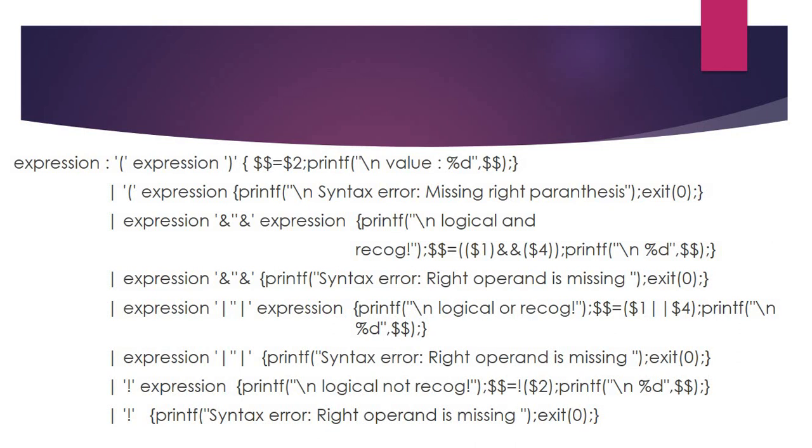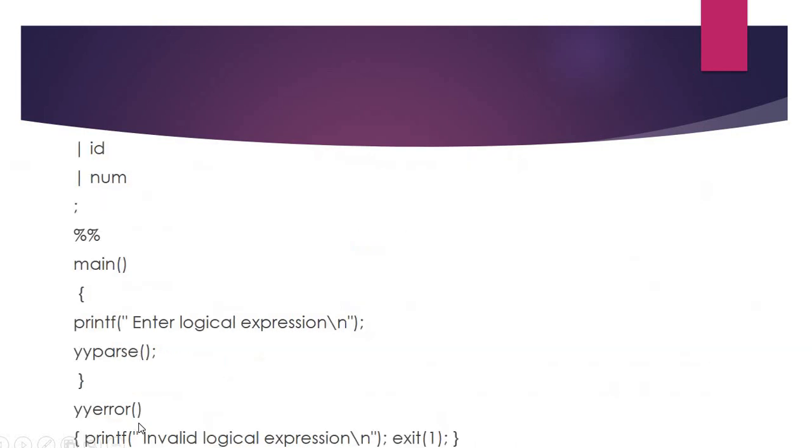So for the parent expression value, we need to find the not of the $2 value associated with this expression and assign it to $$. If you want to print it, print the $$ value. An expression that is only not is a syntax error because the operand is missing. Then expression produces identifier, also valid. Expression produces number, which we also need to recognize.